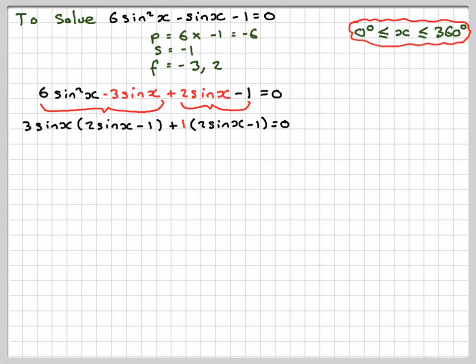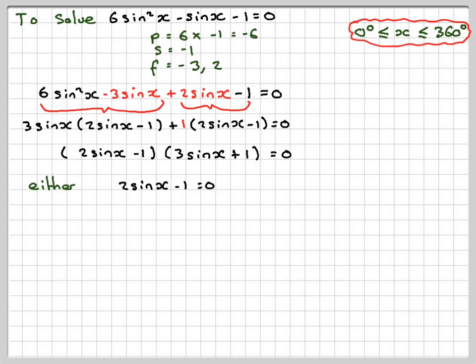Now, if you do this process correctly, here and here, you'll always end up with the same thing. So that now comes out as a common factor, and you're left with 3 sine x plus 1 is equal to 0. Right, so we can now say either 2 sine x minus 1 is equal to 0.